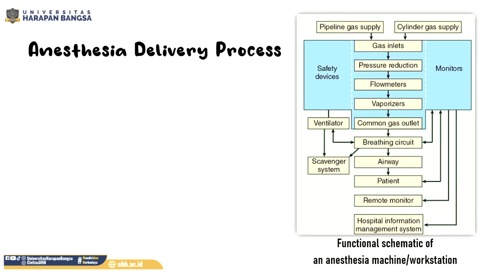Alright, next we move to the anesthesia delivery process. This is the functional schematic of an anesthesia machine or anesthesia workstation. You can see this picture. And here is the process.